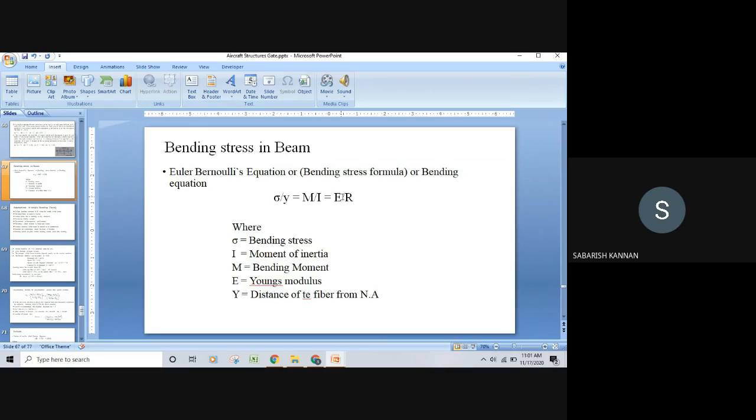So our basic equation is sigma by y equals M by I equals E by R. Sigma is the bending stress, I is the moment of inertia, M is the bending moment, E is Young's modulus, R is the radius of curvature, and y is the distance of the top fiber from the neutral axis, right? So this is our basic bending stress equation.